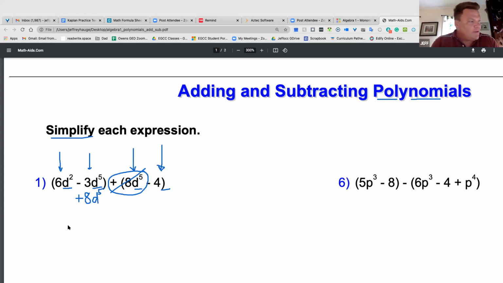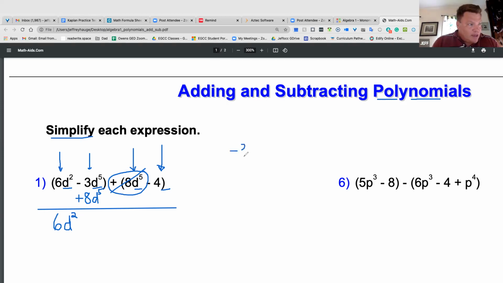That's it. Now what we have to do, I'm going to try to draw a nice clean line because I'm sloppy. 6d2, that's 6 members from the d2 family that are going to get seated at the wedding reception at their table. We got all the d5 together. Now we've got to seat them.